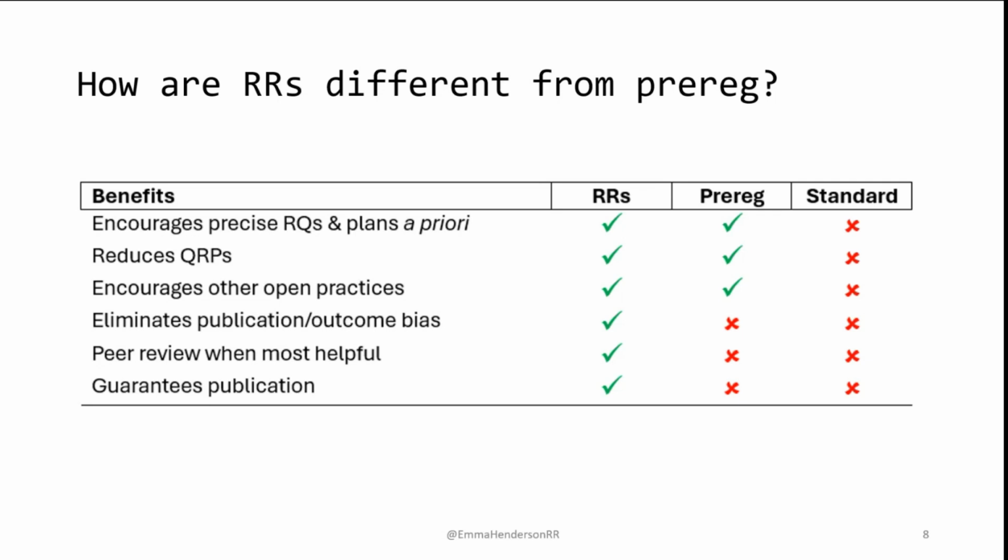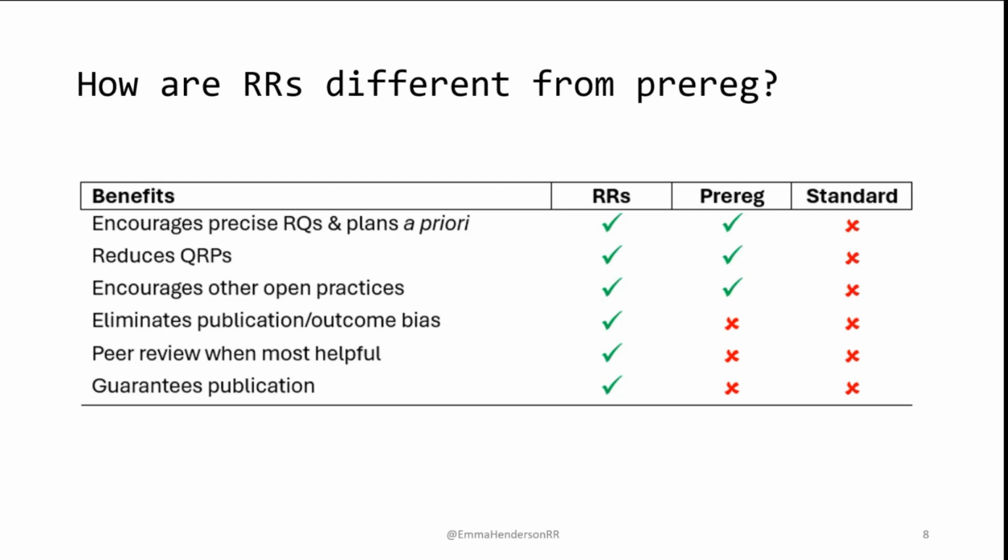It's basically the decision to publish based on the results. Here you can see that registered reports eliminate this because the decision is made to publish results blind before the study is conducted. So that means that we have a fairer representation of what research actually looks like because all rigorous research is published.